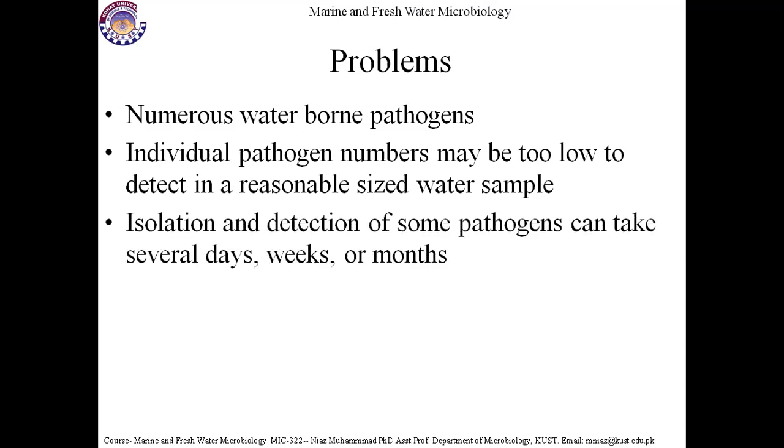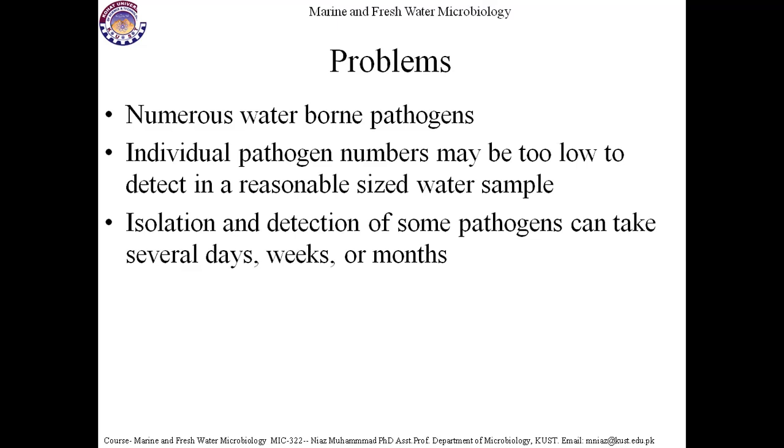Isolation and detection of some pathogens can take several days, weeks, or months. So for one sample, we cannot check all these things because there are various microorganisms, bacteria, viruses, fungi, which take too much time to be isolated, detected, and identified.